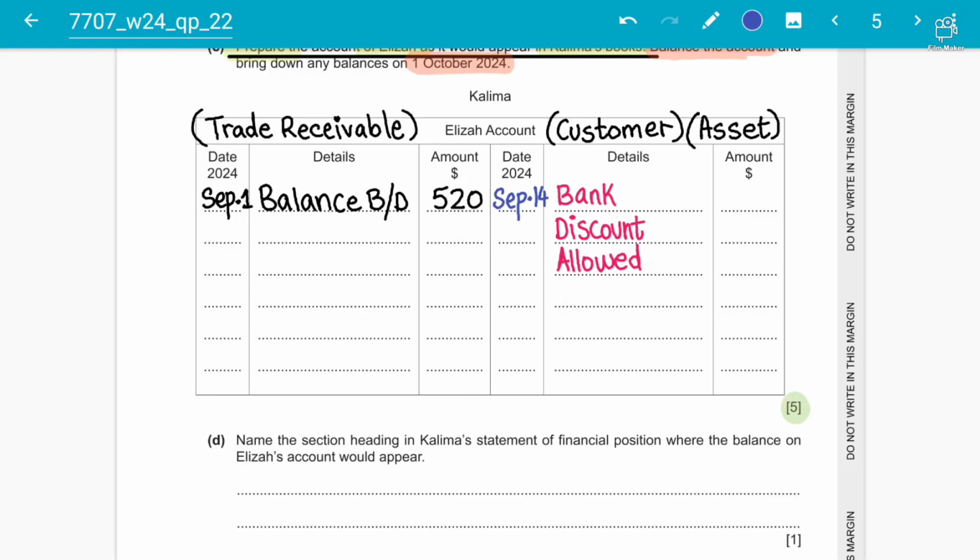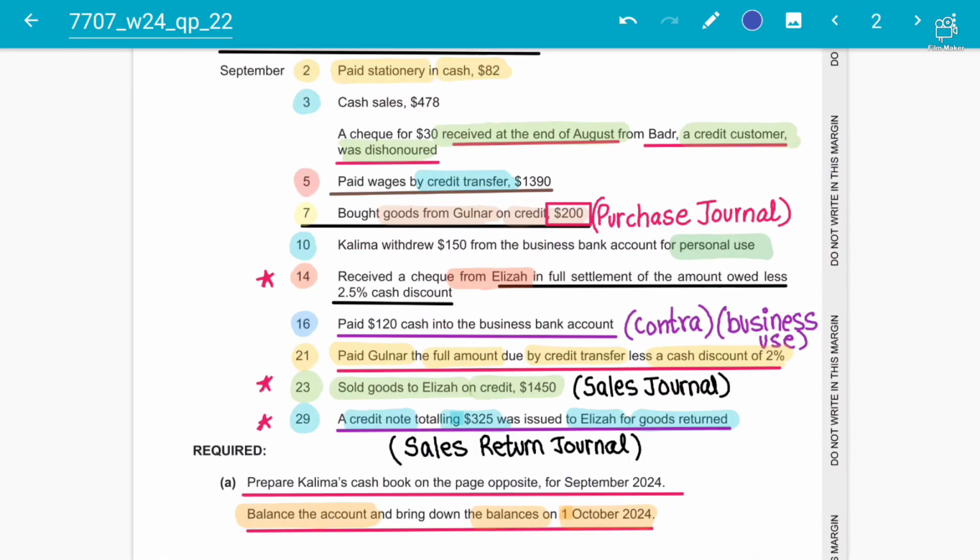So $507 was paid from the bank account, and $13 was the discount allowed that we provided, because discount allowed is an expense. The next transaction is on September 23rd. We again sold her goods. We sold goods to Alize on credit, $1,450.